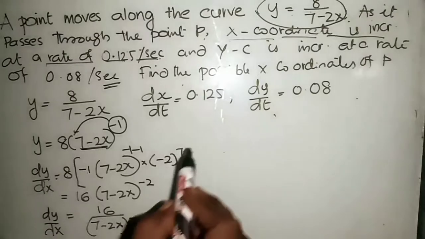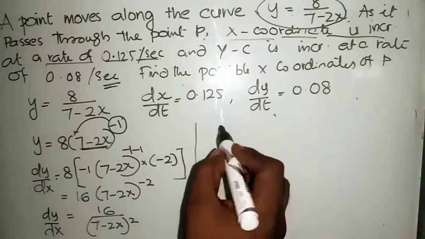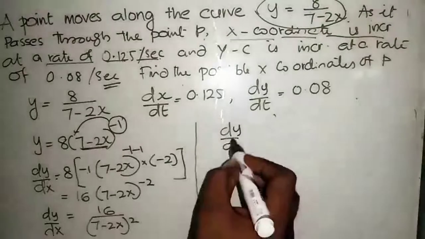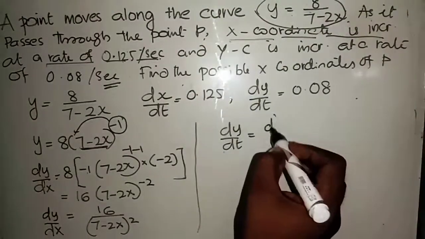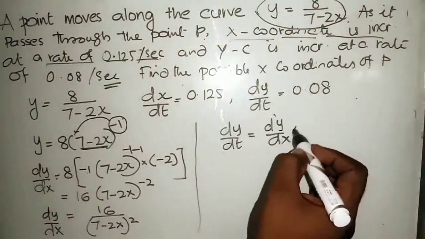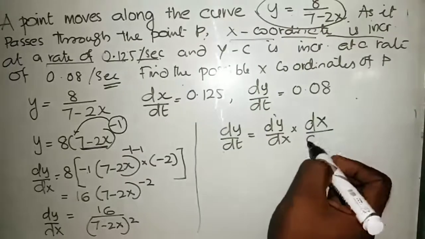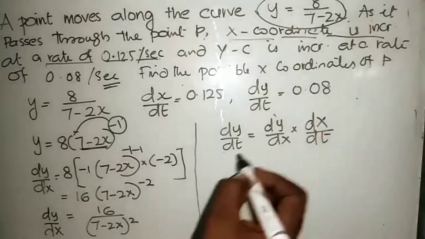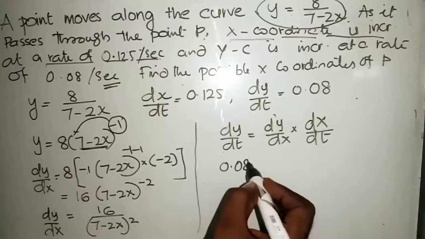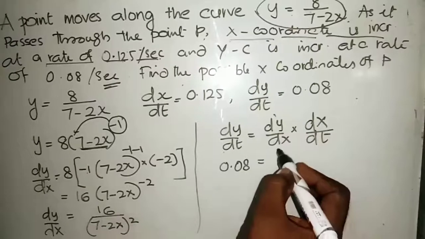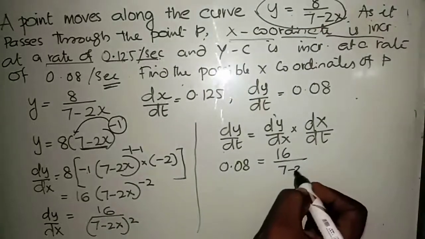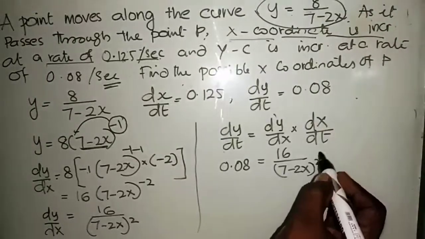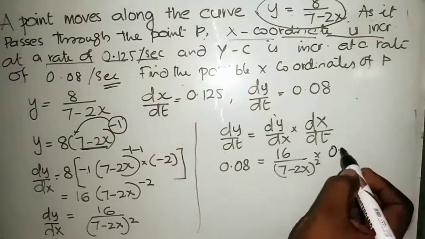Okay, now let's use the chain rule: dy by dt is equal to dy by dx multiplied by dx by dt. dy by dt is 0.08, equal to dy by dx, 16 by 7 minus 2x the whole square, times dx by dt, which is 0.125.